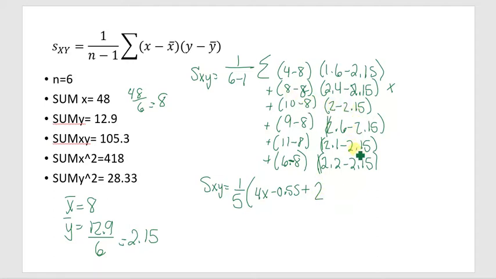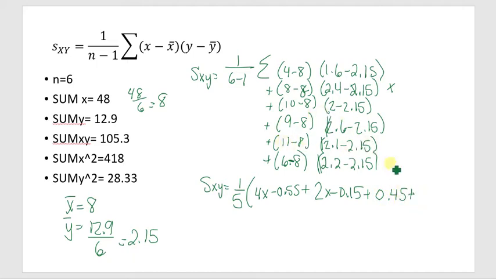And 2 minus 2.15 is negative 0.15. Okay, next, 9 minus 8 is 1 times 2.6 minus 2.15. I get 0.45.